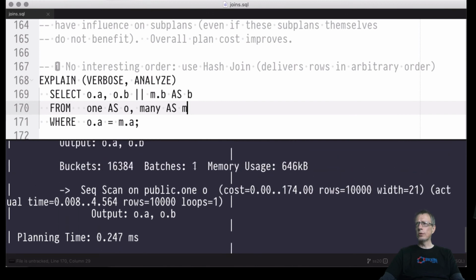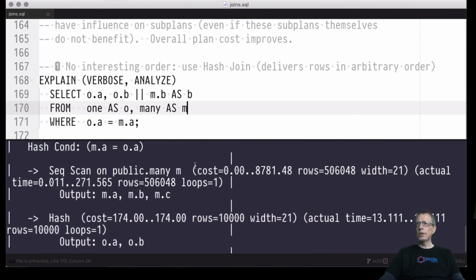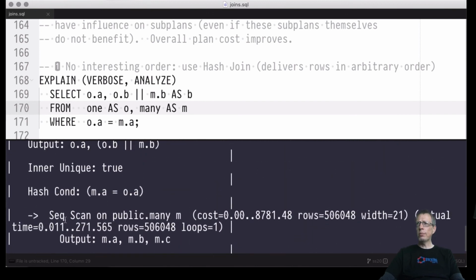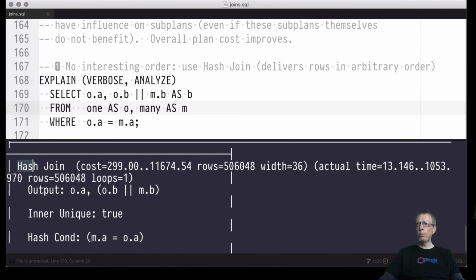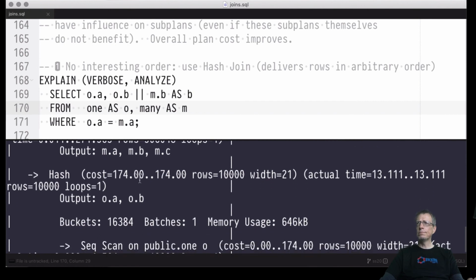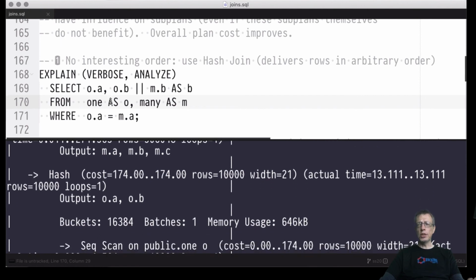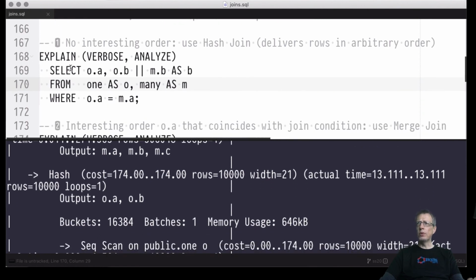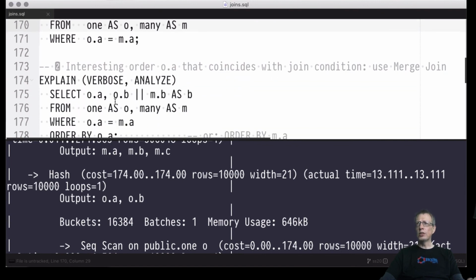So let's see. Indeed, there's already the hash there, and we can see that the top level of the plan is implemented using a hash join. As I told you, details are coming up in the upcoming videos. That's perfectly fine. But things change if we embed this equijoin operation in a slightly larger plan.